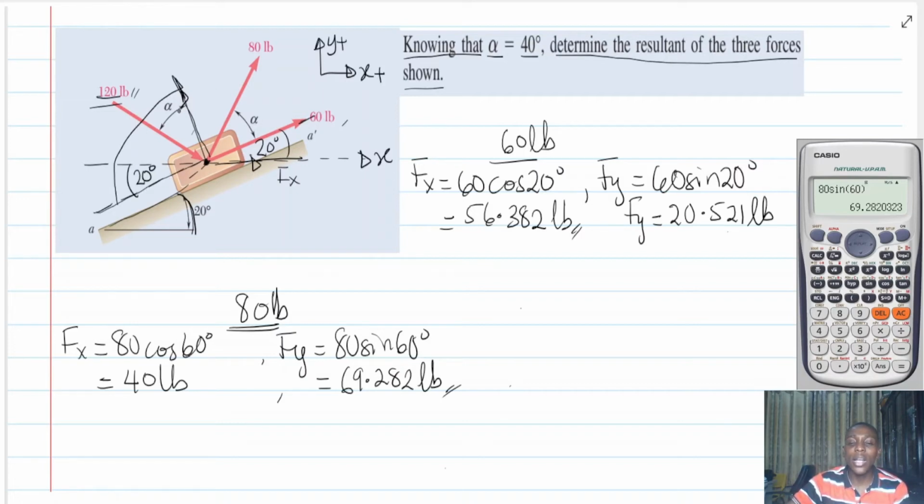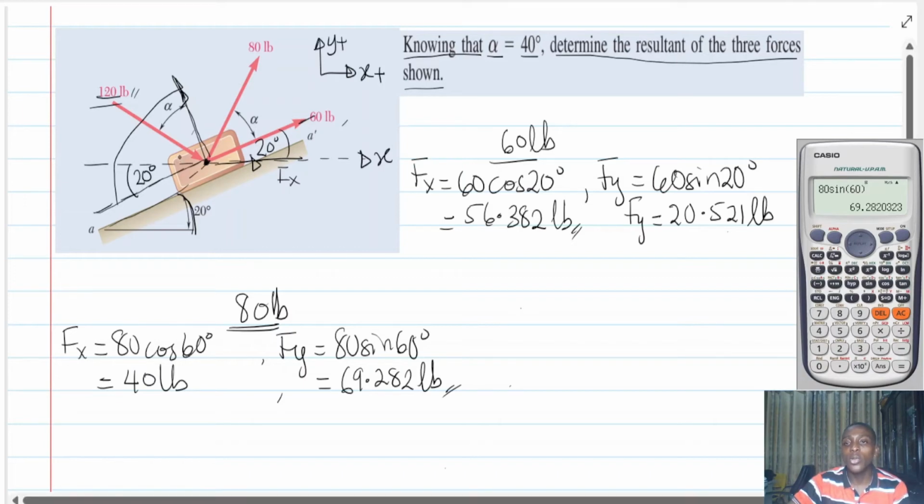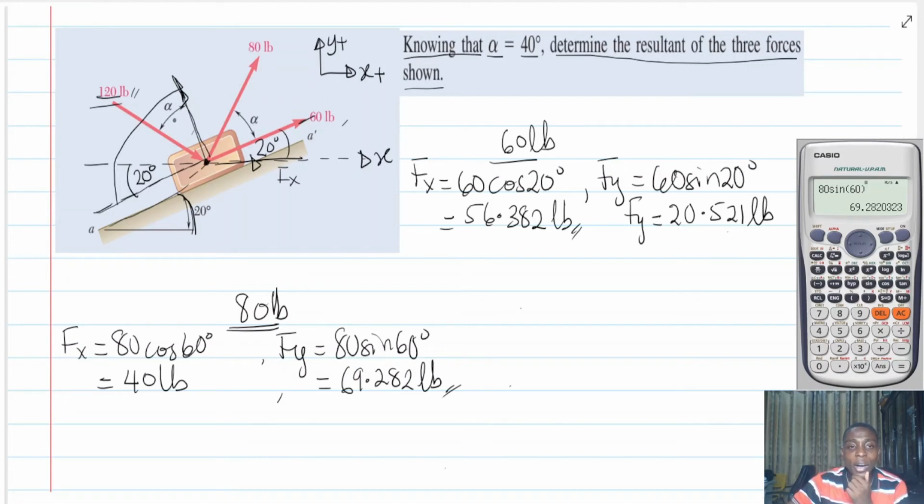In other words, we are looking at perpendicular and then parallel to the plane. So the angle there is 90. Having known that that is 90, what is alpha? We know alpha is 40. Then that is it. So we can actually find this small angle here. And what is that?